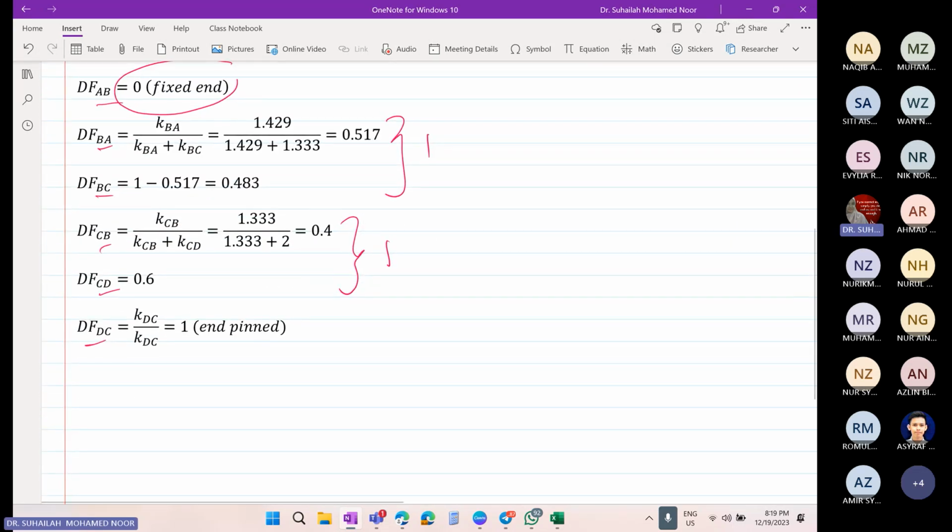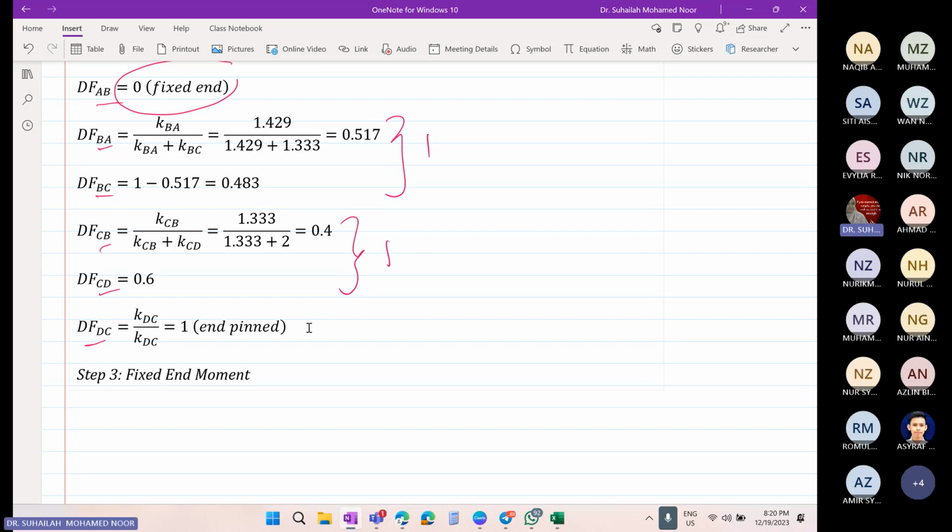We have to determine the moment. The first member end moment in the table, we use the moment distribution method to calculate member end moments. The fixed end moment is the first member end moment in the table, so we have to calculate the fixed end moment. Because the member cannot carry load, it has to be divided to the supports, the joints, the nodes.